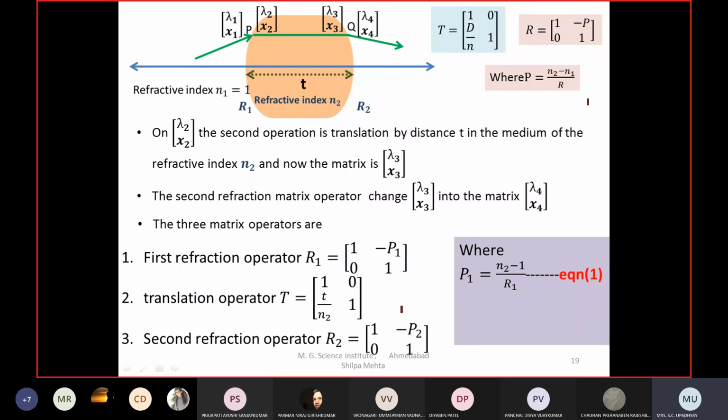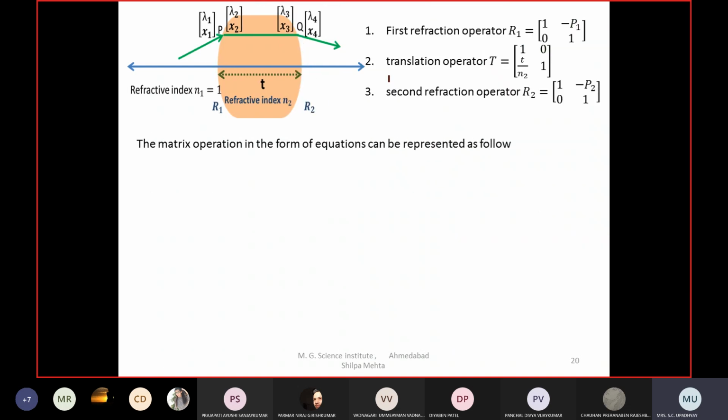And P2 equal to, how much is P2? 1 minus n2 upon R2. Very good, because refraction takes place here. For this refraction, this is second medium, this is first medium. So 1 minus n2 upon R2. It is equation number 2.